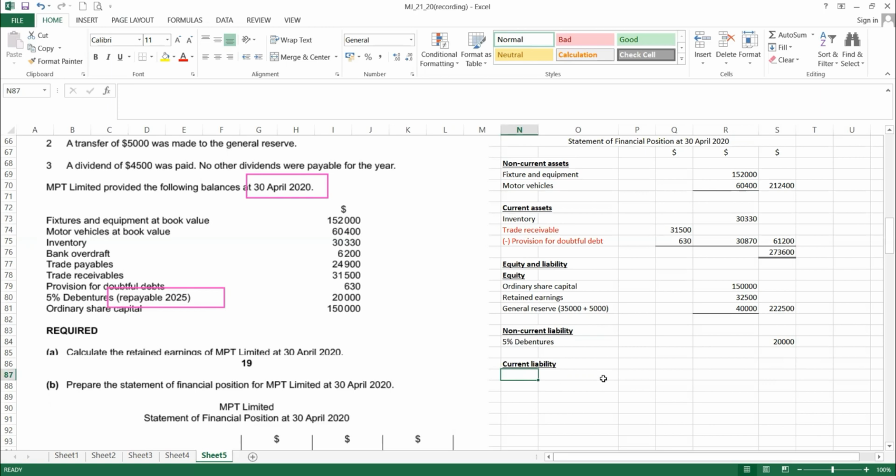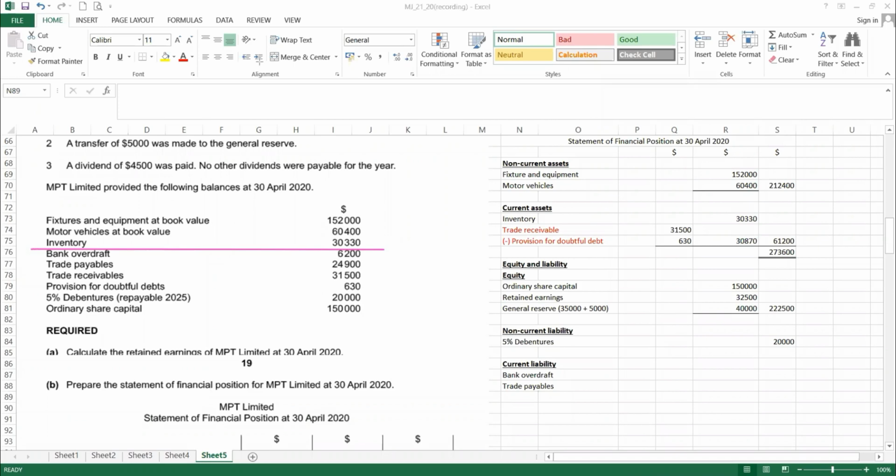Okay, now next, current liability. Current liability is bank overdraft, and then trade payable. So these two items. Let's see one more time, just to make sure that the items are correct.